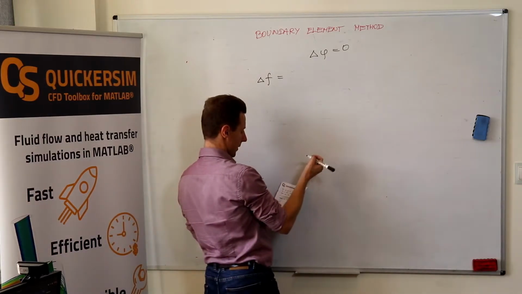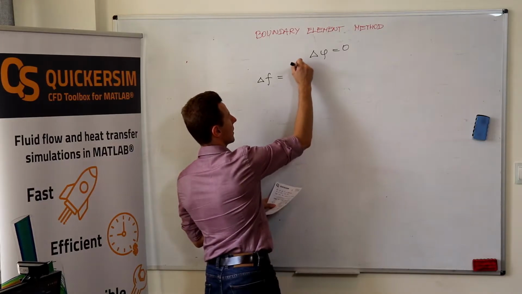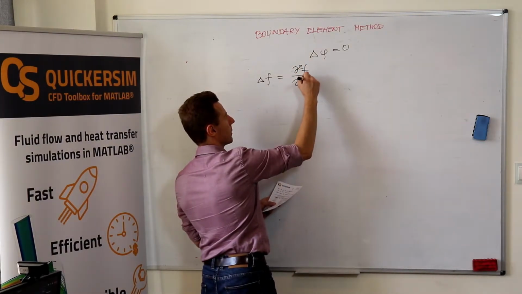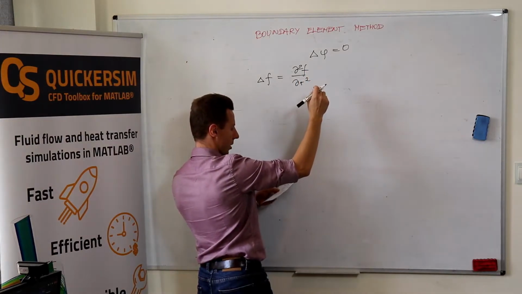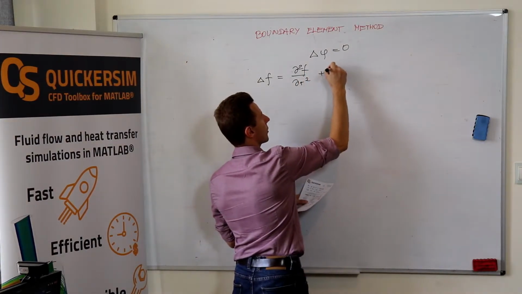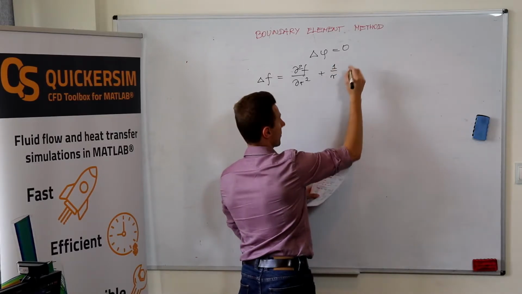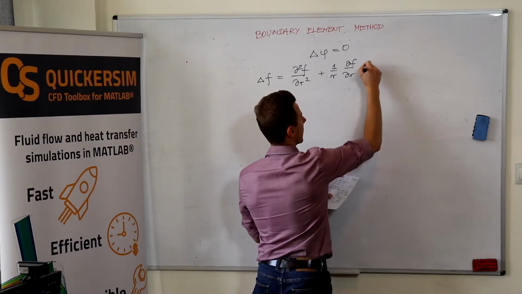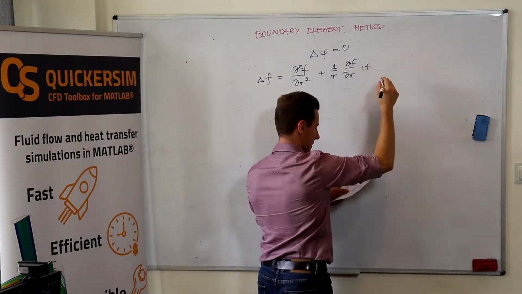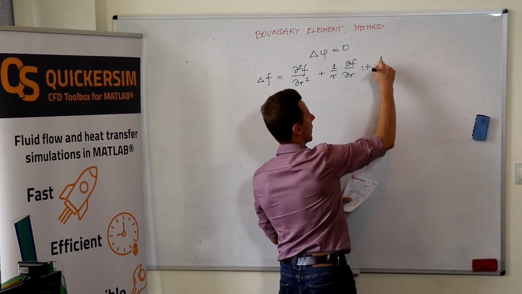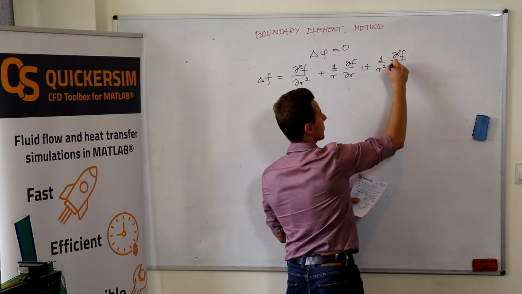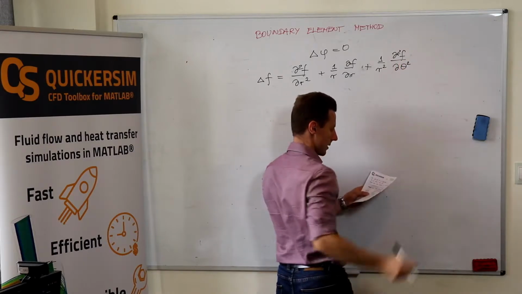I don't know it by heart, the Laplace operator in polar coordinates looks like that. Plus 1 divided by r squared d squared f with respect to d theta squared.